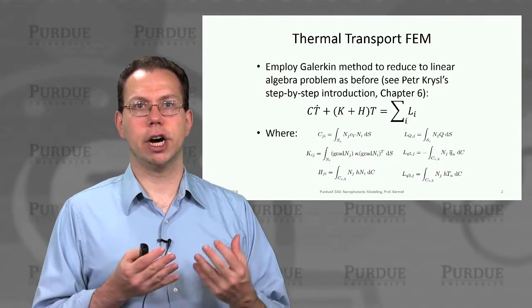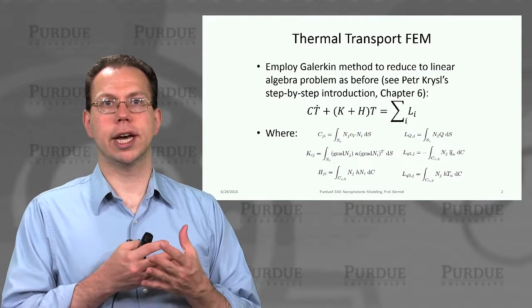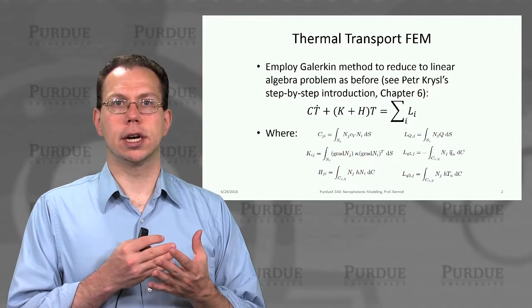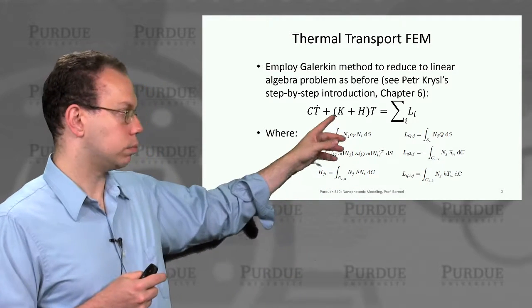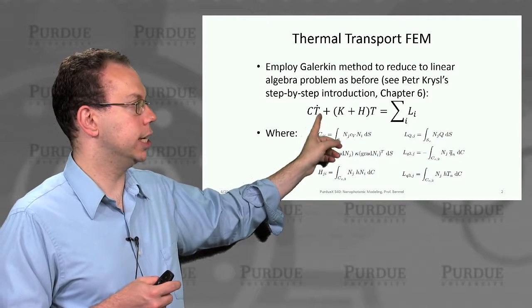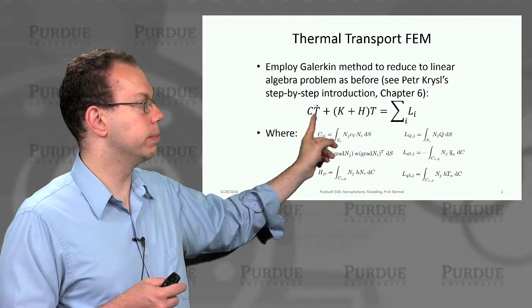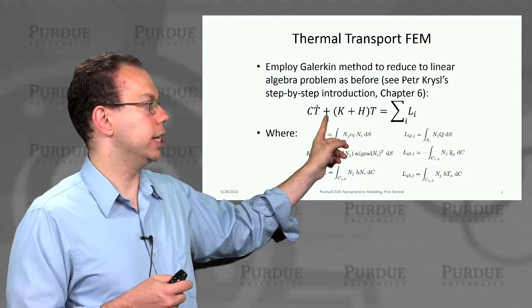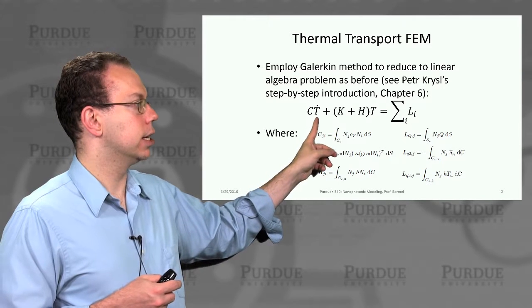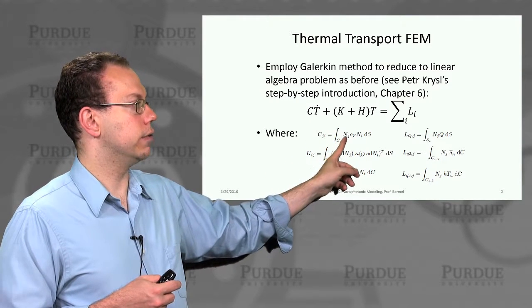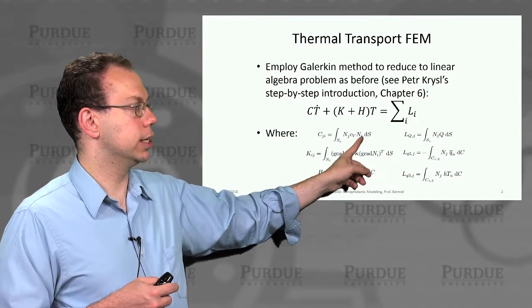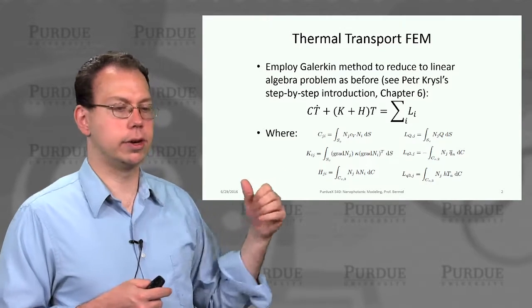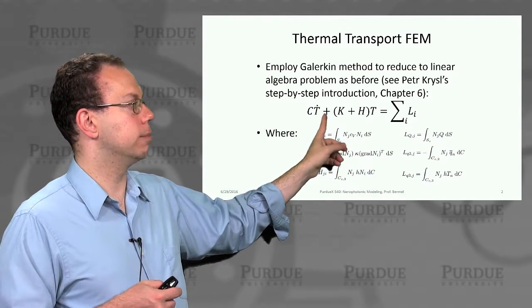And so if you recall, we had shown that you can combine conduction and convection into a bunch of linear algebra problems. And if we write down the matrices in a very simple form, then you can write it like this. This is very similar to what we had previously. You have this C matrix, which is a surface integral of these basis functions, which are, of course, dependent on your choice of finite element grid and so on, times the first derivative in time of temperature.